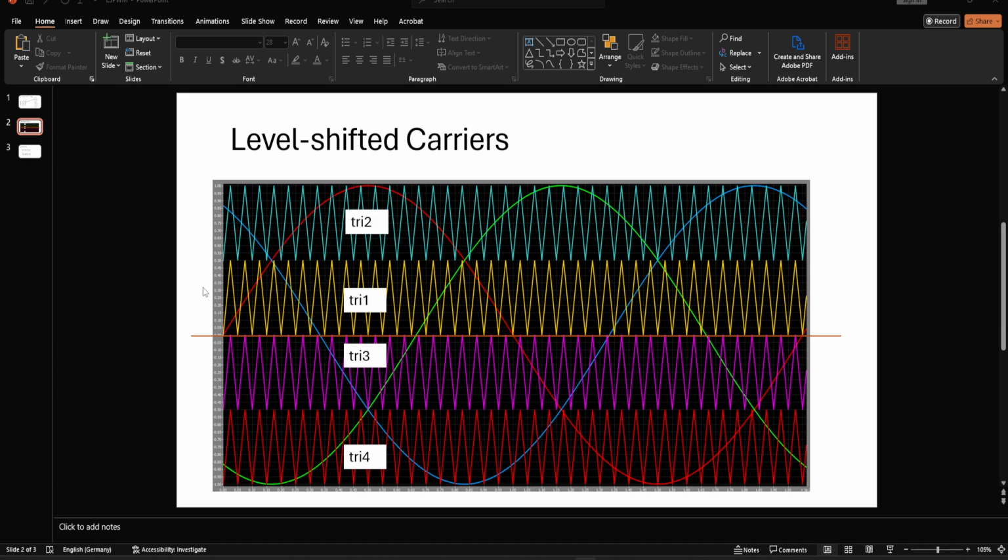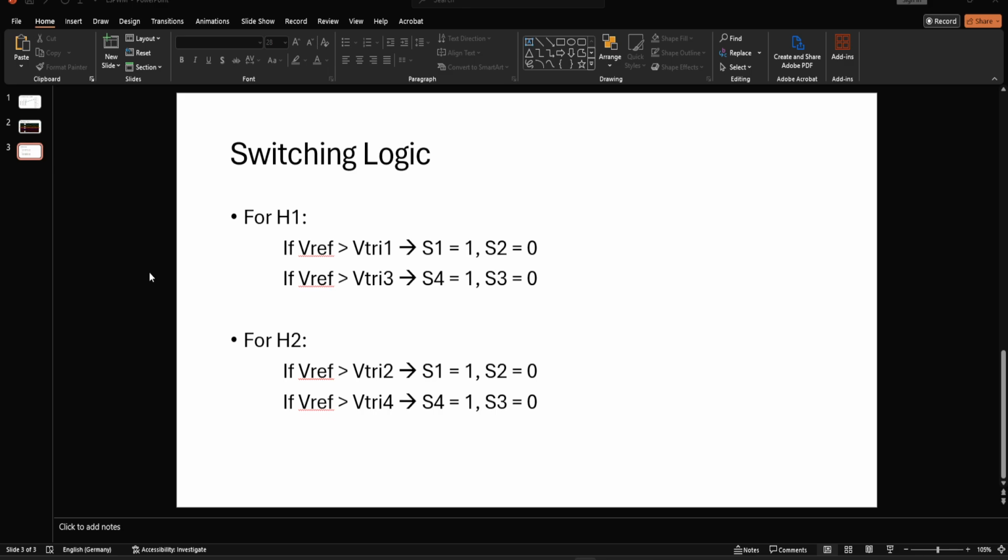Now, the number of carriers can be calculated depending on how many voltage levels we want to have in the output of the inverter. I'll come to the calculation of the number of these later, but the switching logic is produced depending on the comparison of this reference wave to the carrier waves.